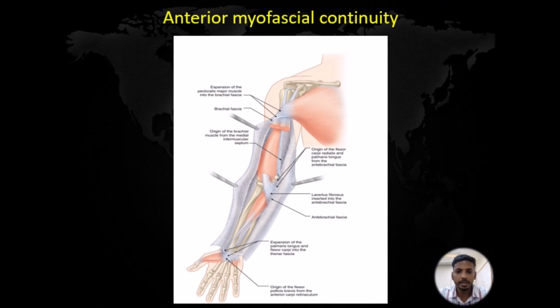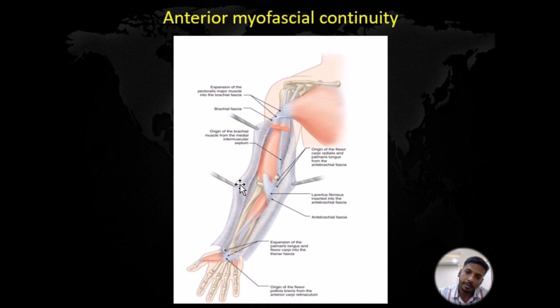Thus there is an anterior myofascial continuity of the upper quarter, formed by the pectoralis, especially the clavicular fibers, which attach to the anterior part of the brachial fascia and extend up to the sternocleidomastoid.